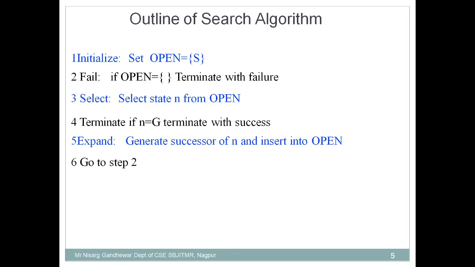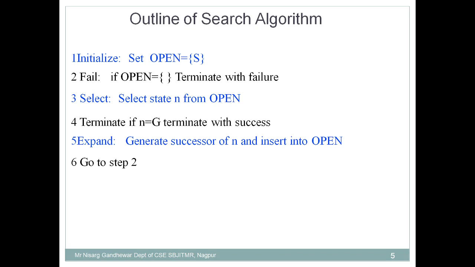Now let's discuss the outline of a search algorithm. We need to understand the concept theoretically with an example, and also understand the algorithm. I want to tell you that to prepare this, I am referring to the book of Rich and Knight.